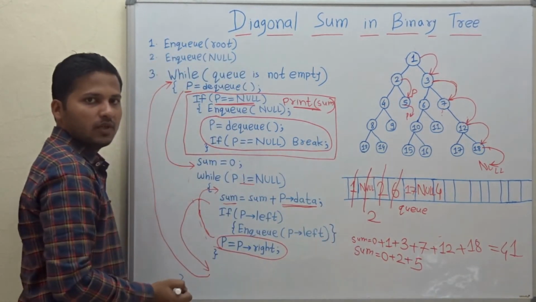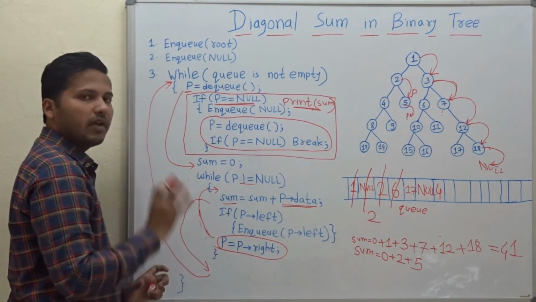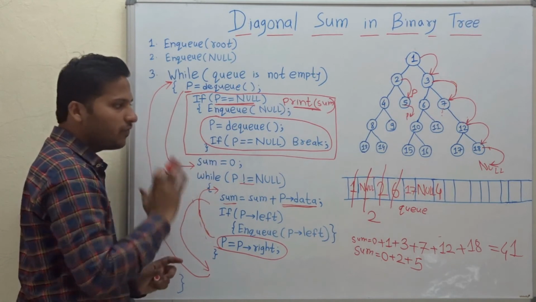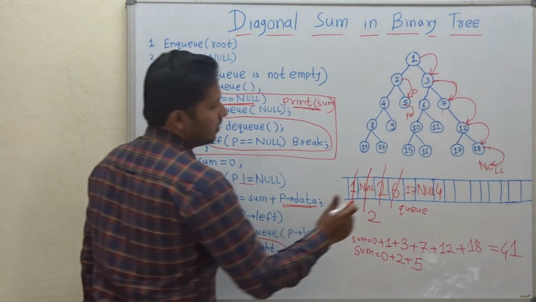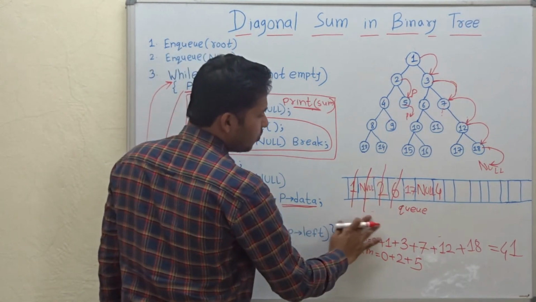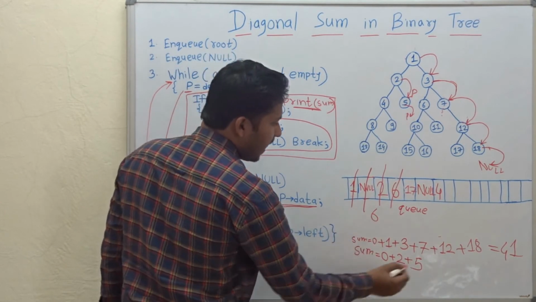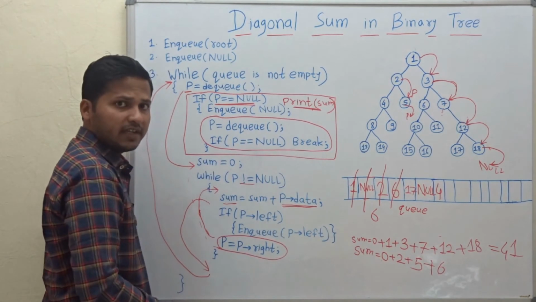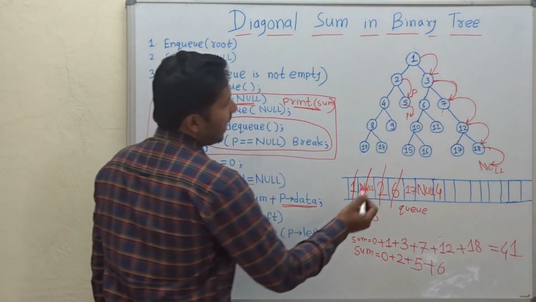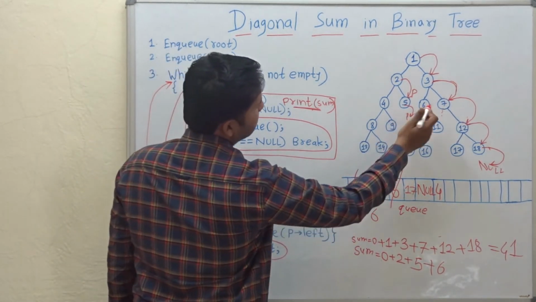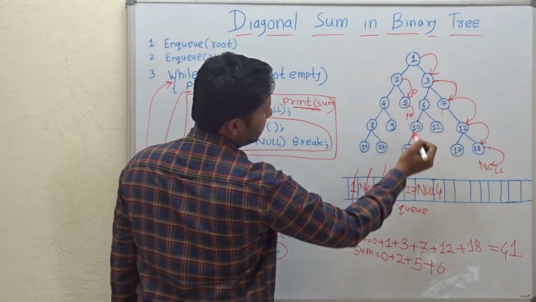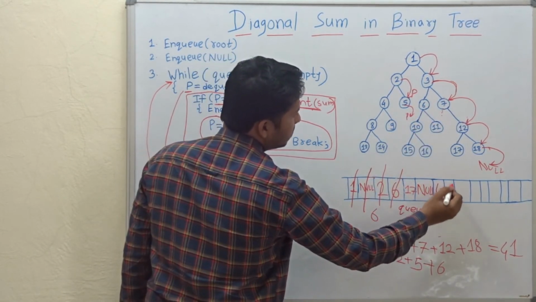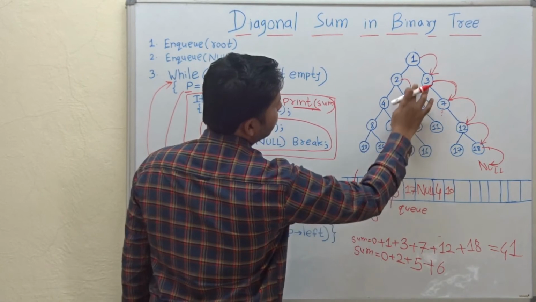In short, keep dequeuing and follow the right child series of each dequeued node. So the dequeued node is 6. Add that node to the sum, and check for its left child. It is 10. So enqueue the left child of that node.